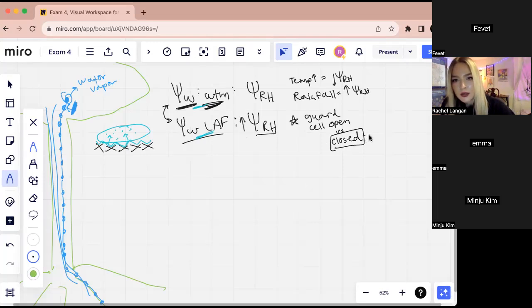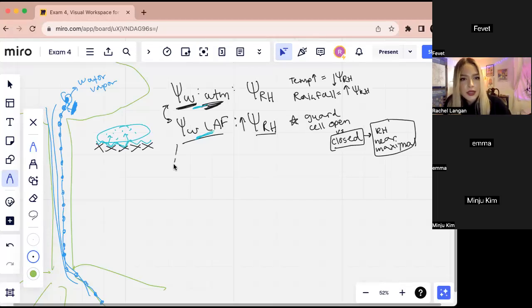So when guard cells are closed, the relative humidity of the leaf airspace is going to be near maximal levels. Because you're preventing the water molecules from leaving the leaf airspace, when they evaporate, they're all staying in there, and it's going to make the relative humidity in that area really high. So guard cells closed, really high relative humidity of the leaf airspace.